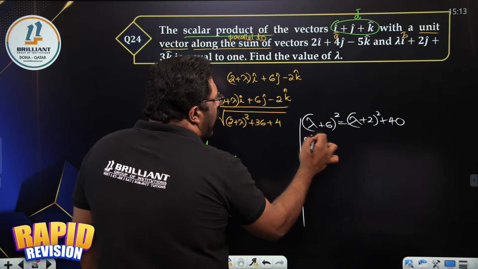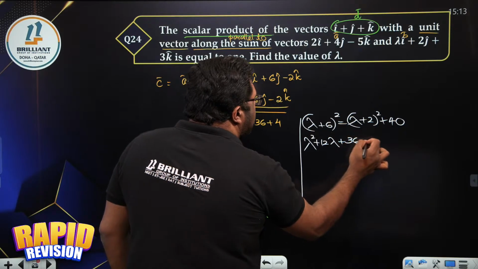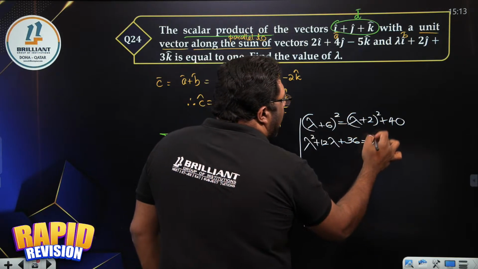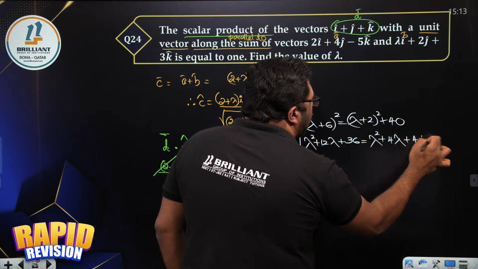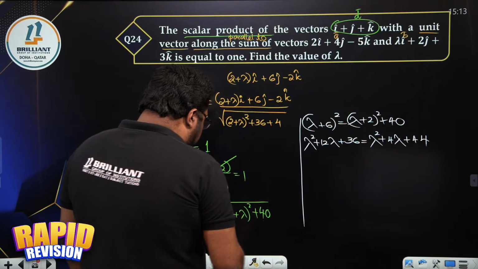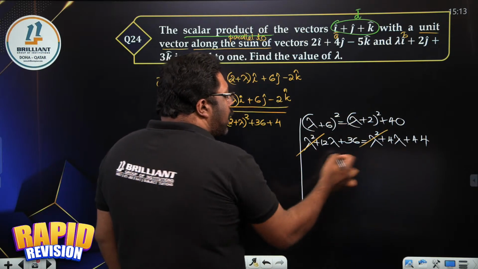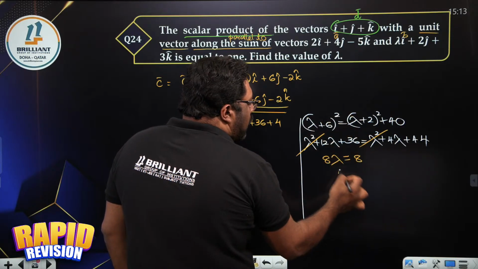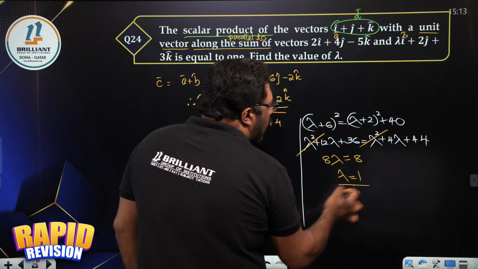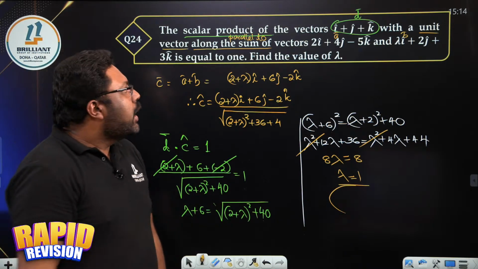So lambda squared plus 12 lambda plus 36 equals lambda squared plus 4 lambda plus 44. Lambda squared cancels on both sides of the equation. You get 8 lambda equal to 8. Lambda equals 1. Another very good question for 1 mark.